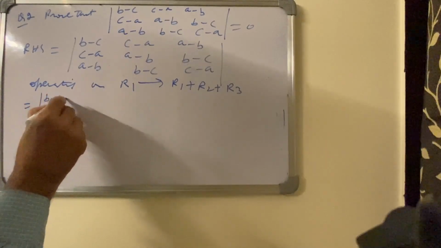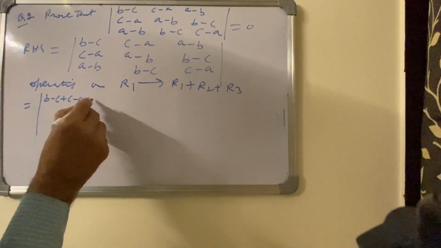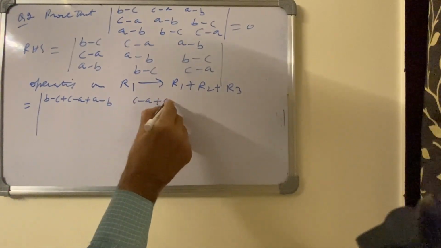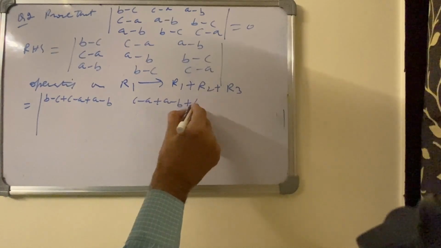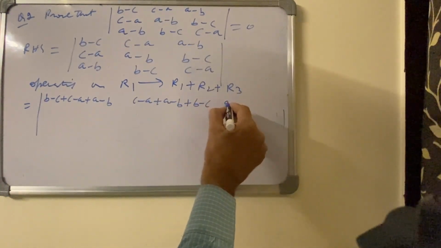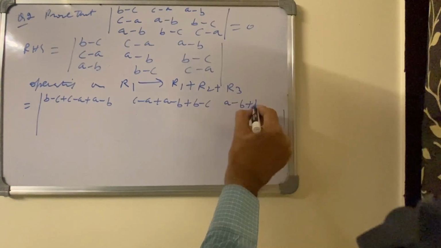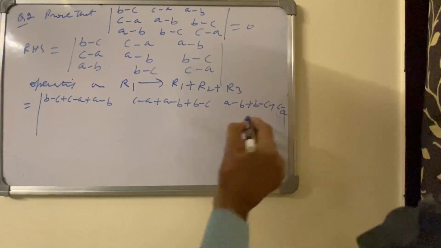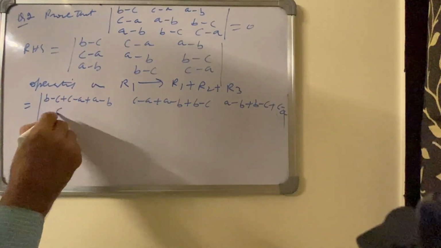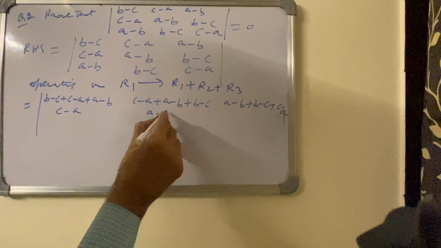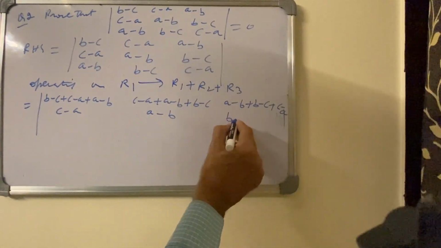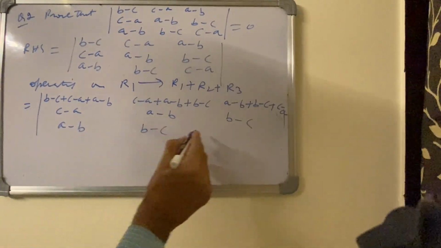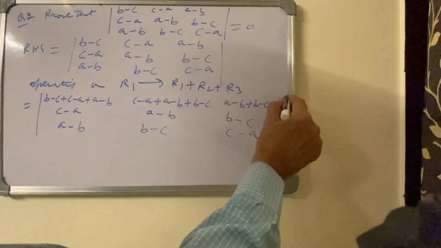B minus C plus C minus A plus A minus B, then C minus A plus A minus B plus B minus C, then A minus B plus B minus C plus C minus A, then the other rows remain.